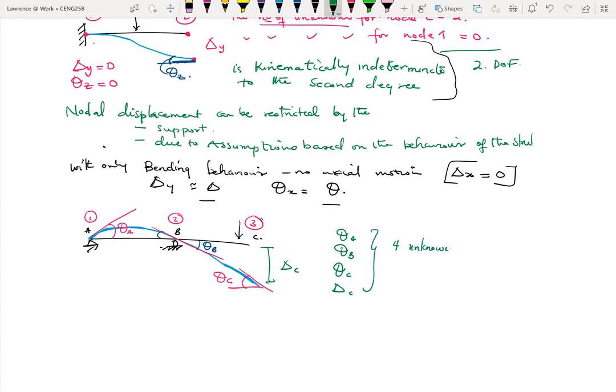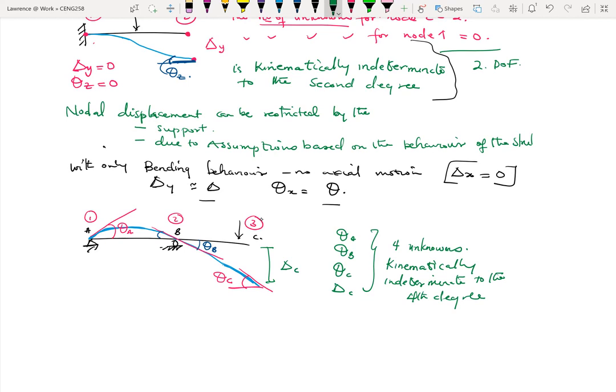So basically, this is what kinematically indeterminate to the 4th degree means. In terms of the static classification, this beam is statically determinate.